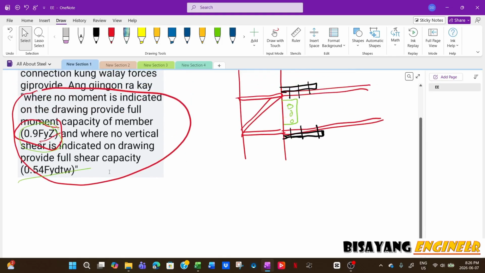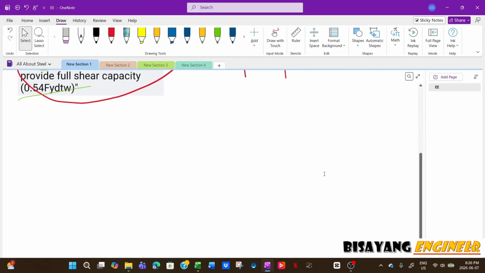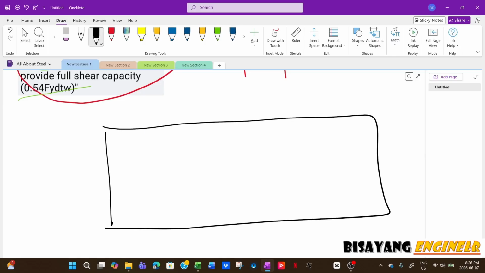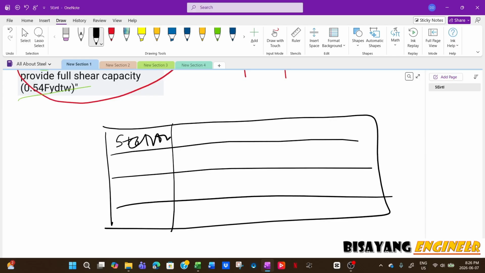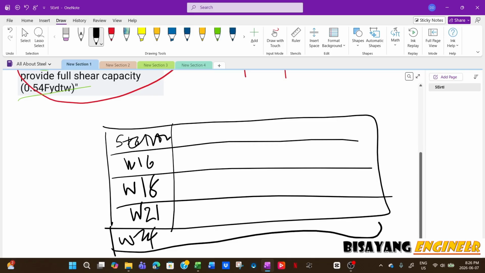designing a connection for each member, I will have some kind of a table, and then I will have the section here, and then I will group them together. For example, for all W16, all W18, all W21, and then all W24, something like that.